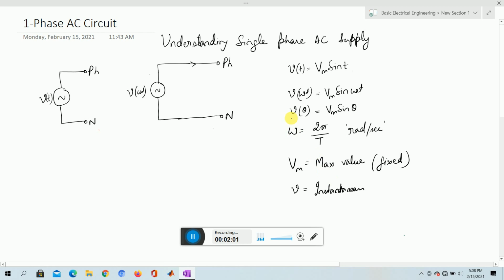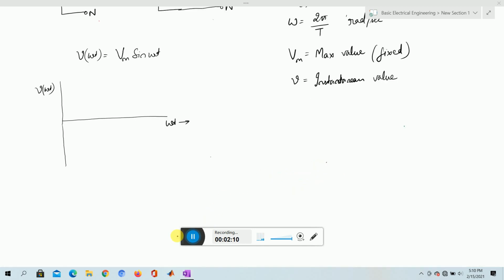That means this small v is changing with time, with the maximum value as Vm and the minimum value as minus Vm. This equation, v of omega t is equal to Vm sine omega t, we can represent as a sine waveform.